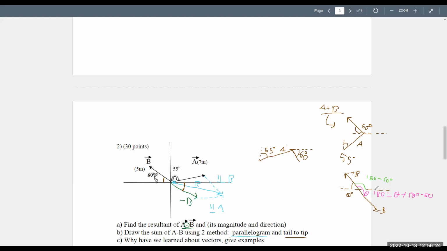And then if you subtract these two, that means that 0 equals theta minus 60. So that's a 0, not a theta.